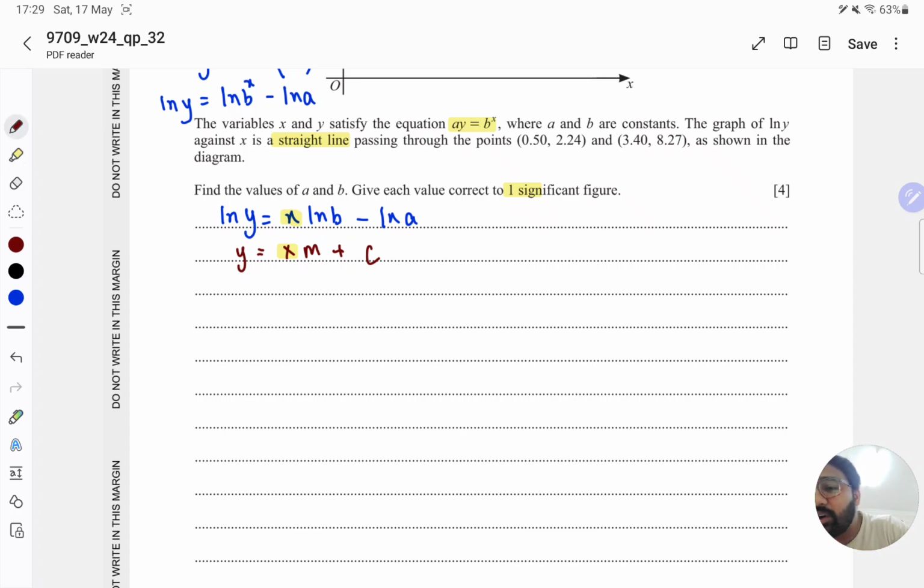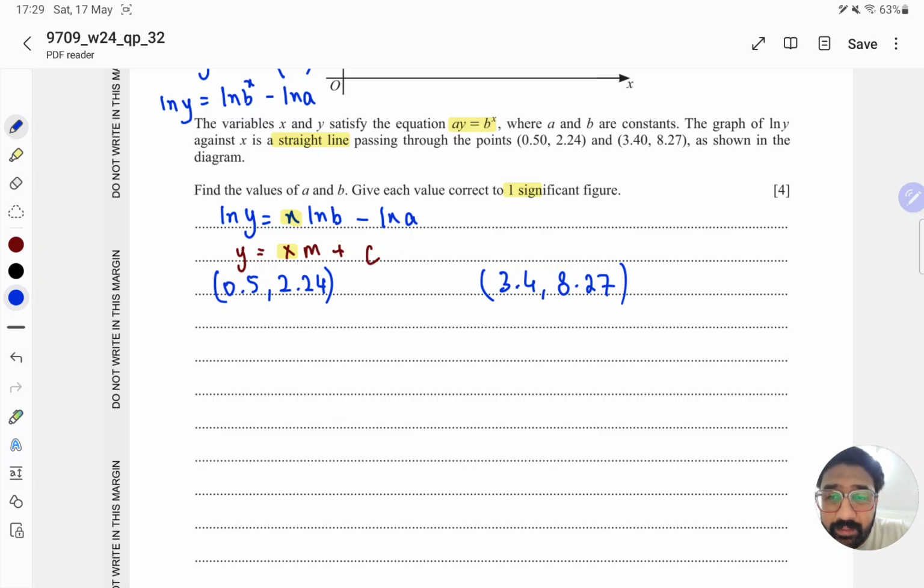Now we also have the coordinates of 2 points, which are 0.5 comma 2.24 and 3.4 comma 8.27. I'll substitute them both into the above equation and solve them simultaneously to find the value of a and b.